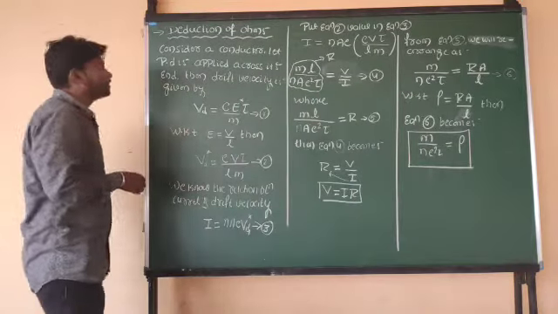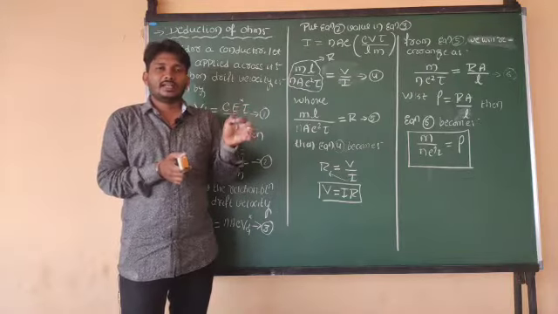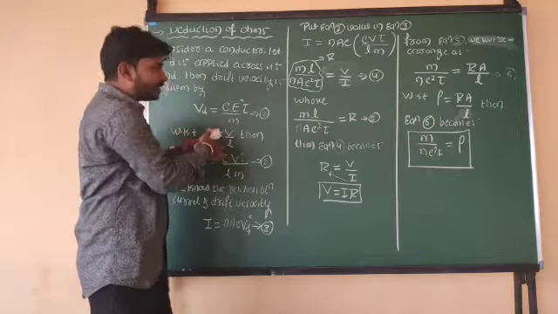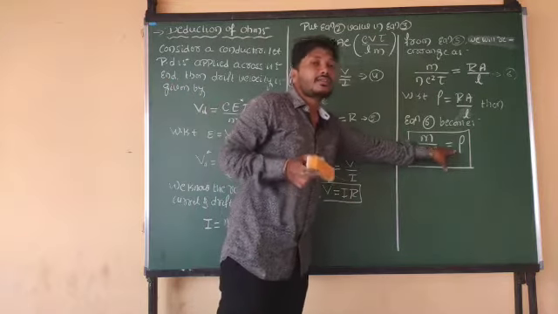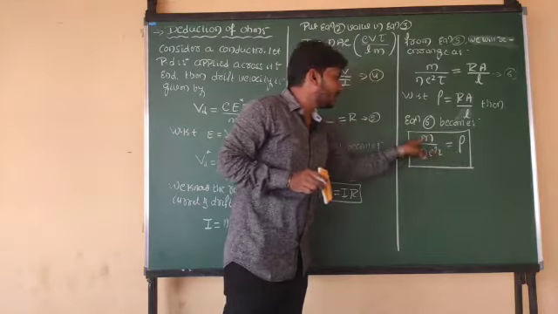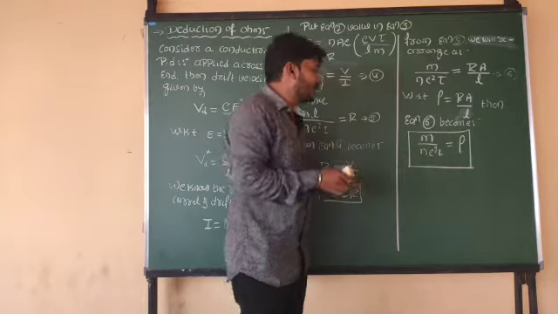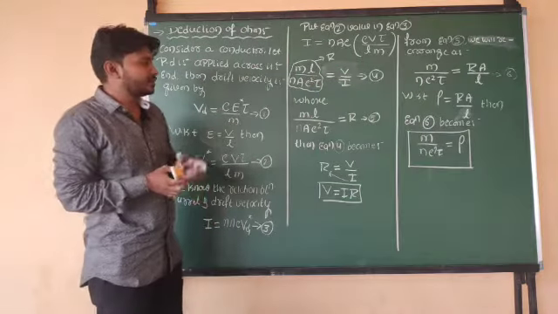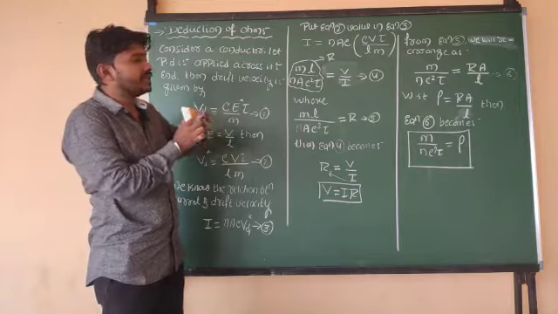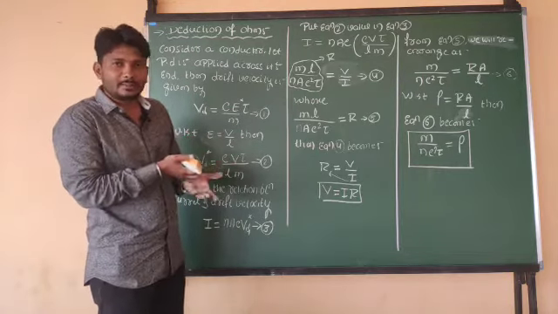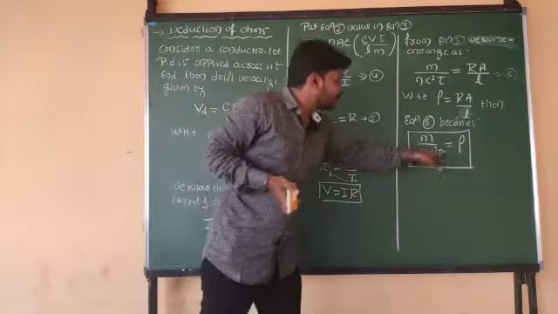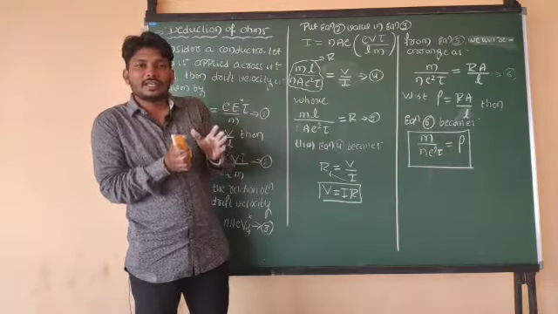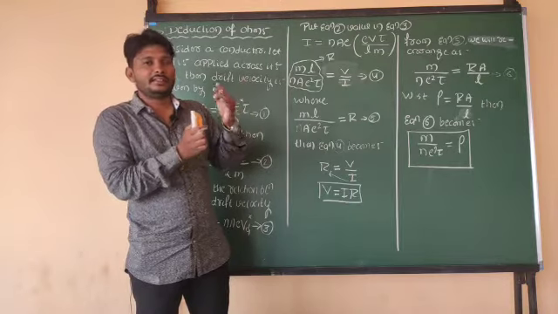In the annual examination they will ask a question like: derive the expression for resistivity in terms of Ohm's law. By using Ohm's law, I get that ρ is equal to m divided by ne square τ. Does this resistivity contain any length or area term, any dimensions? No. So resistivity is independent of the dimensions, meaning it does not depend on length and area.